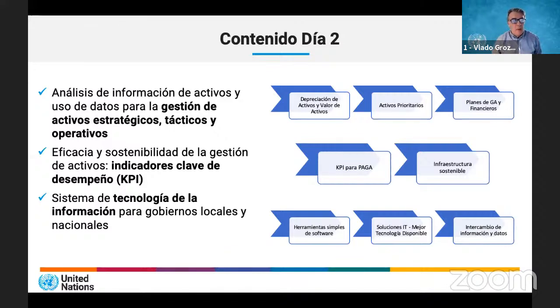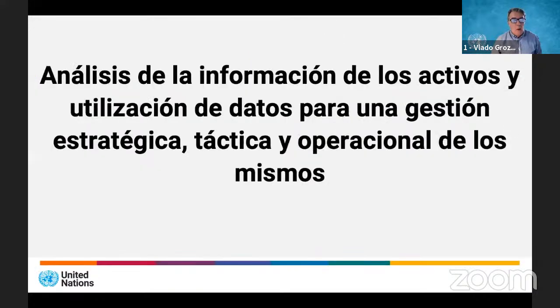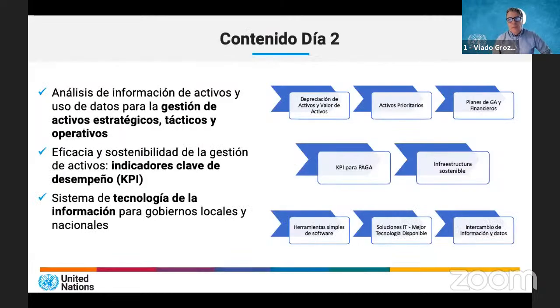Okay, next slide, please. So for today, we have to outline. Can you go one slide back, please? Today, we're going to go through three main asset management information system topics.